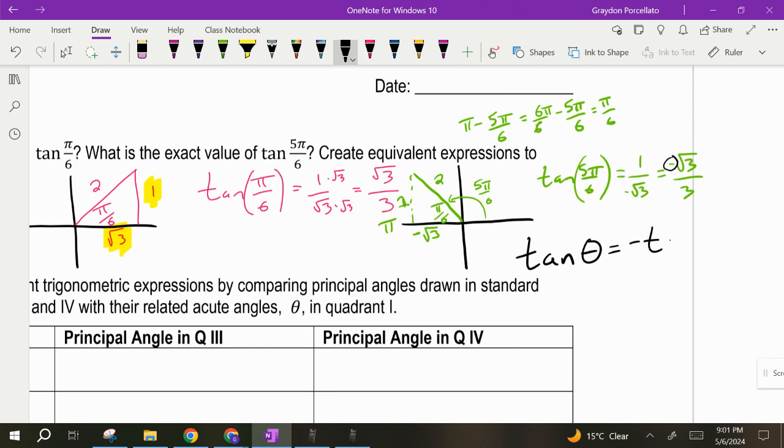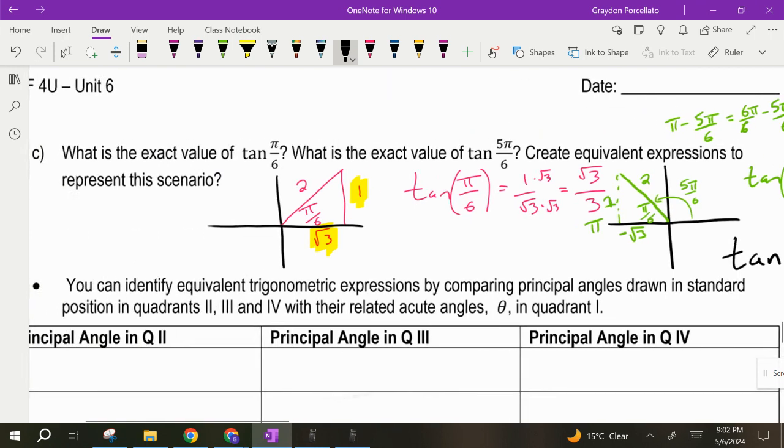So the tan of theta is equal to the negative tan of pi minus theta. Those are equivalent, right? Pi minus 5 pi over 6 is pi over 6, and so we get that those two things are equivalent.